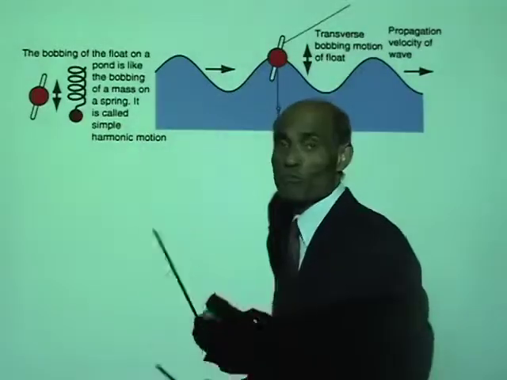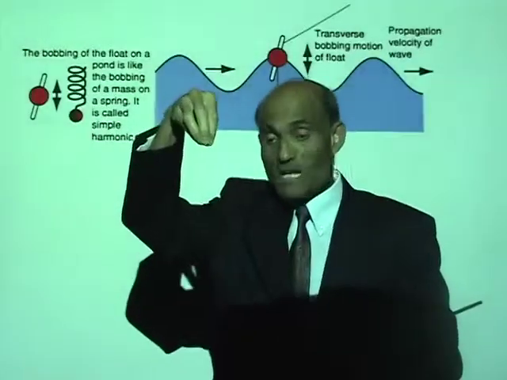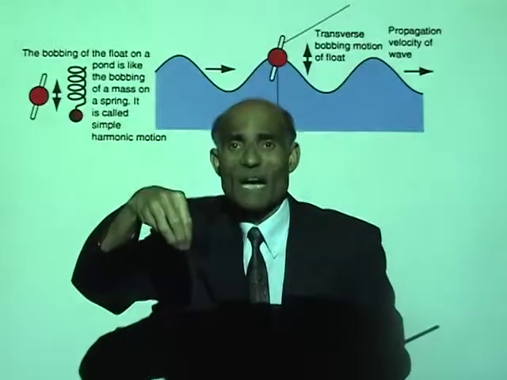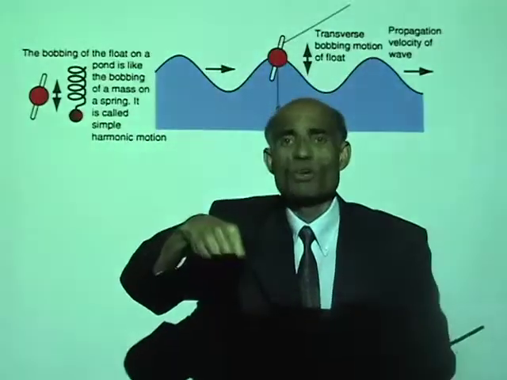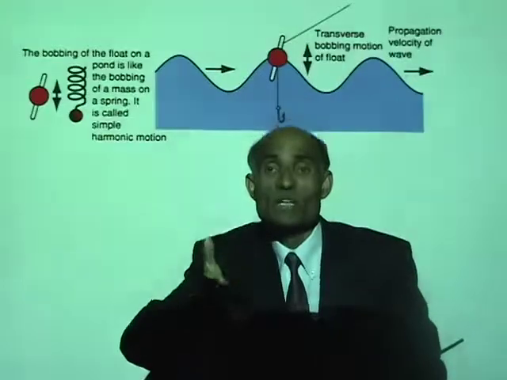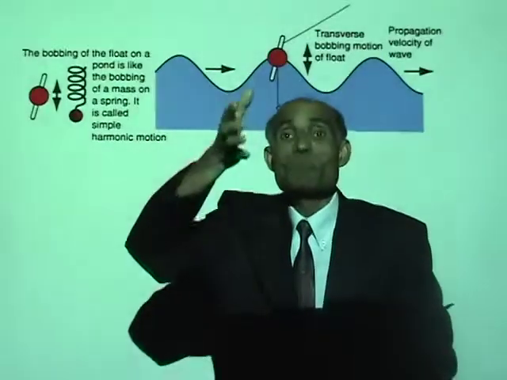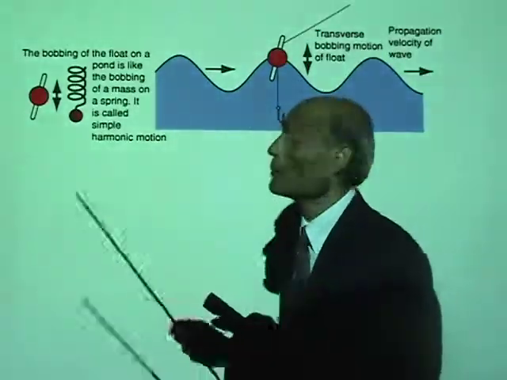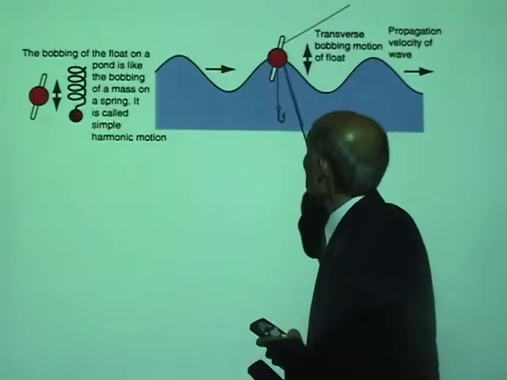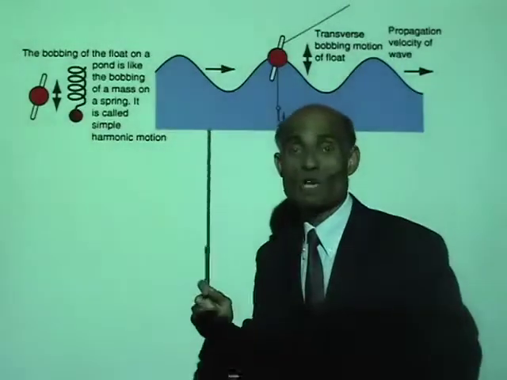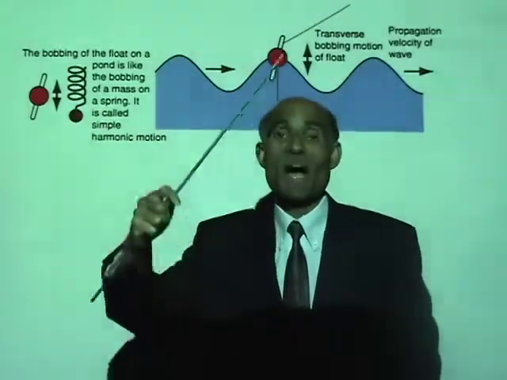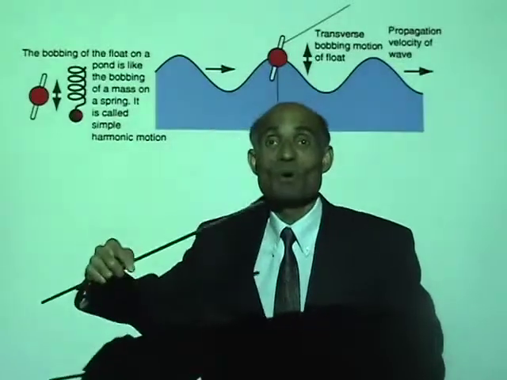Now, if you create a wave in water, well, drop a stone in a pool of water, you see the water will begin to move up and down. You see, something you put on the surface of water will show you how the water particles move.